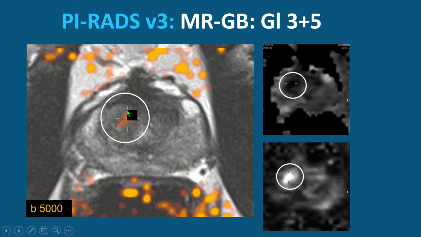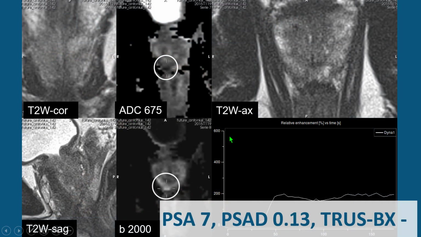I'm not sure. Now I'm over-projecting the B5000, and we did a targeted biopsy in this lesion at this spot, and we found that this was a significant cancer, a Gleason 3+4. So that means that diffusion-weighted imaging can help in the transition zone.